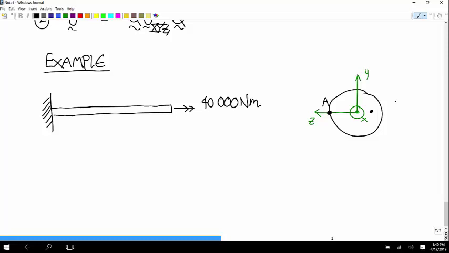Because you have a stress at every one of these points in this cross section. So part A, what's the stress due to torque at A? Part B, what's the stress due to torque at B?